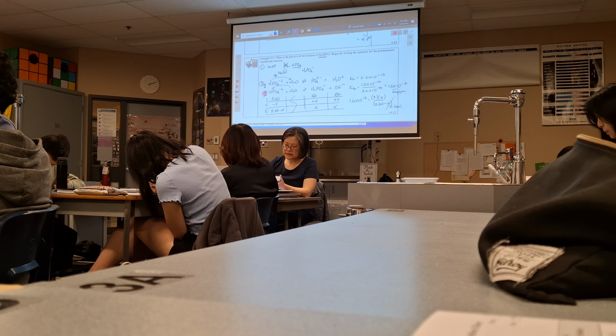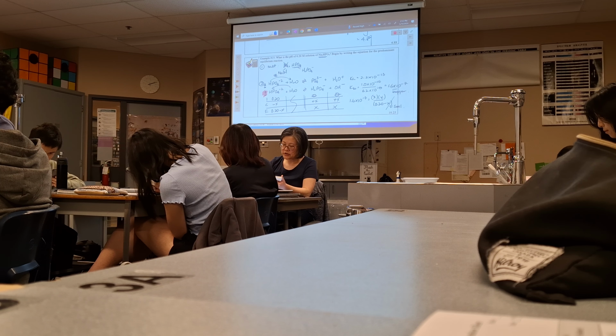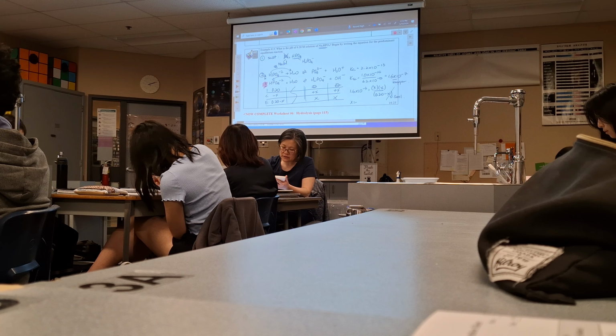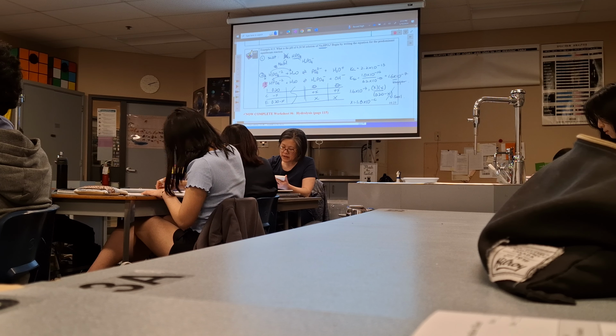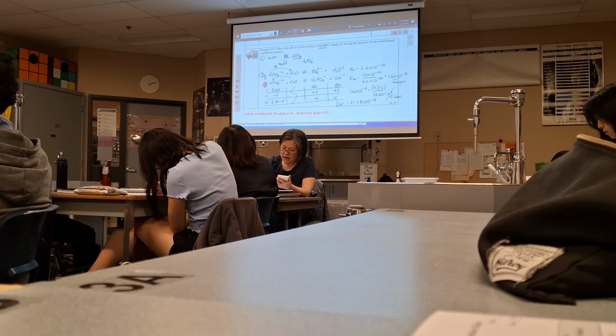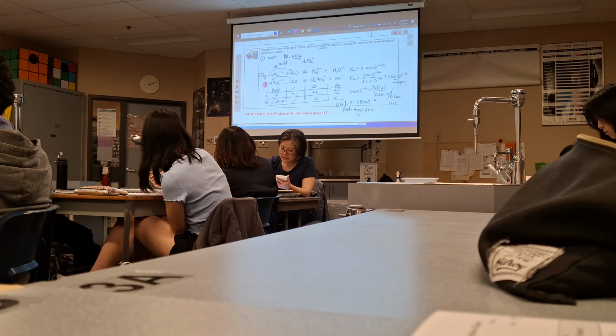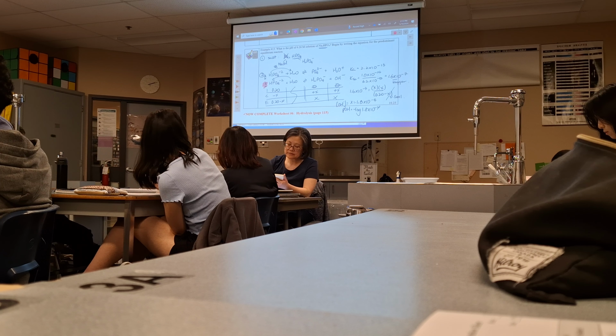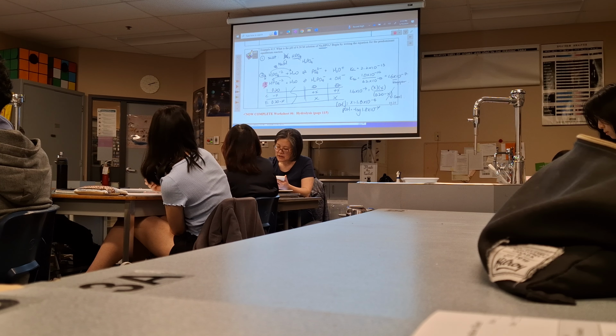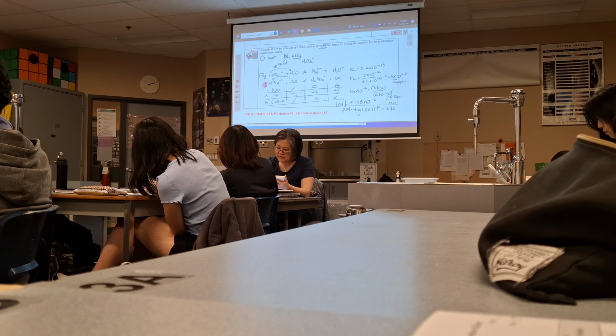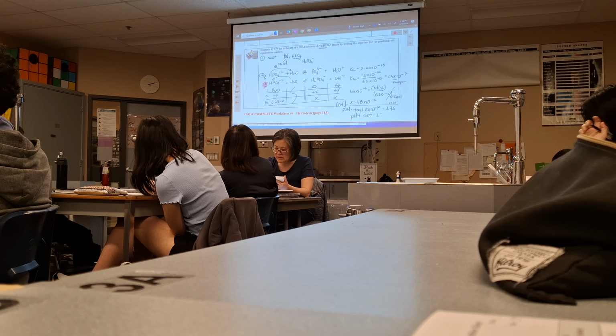So 1.6 times 10 to the minus 7 times 0.2, and then we square root it, and I end up with x is equal to 1.8 times 10 to the minus 4. That's for OH minus. So pOH is equal to negative log 1.8 times 10 to the minus 4. And I get 3.75. So pH is equal to 14.00 minus 3.75. And I get 10.25.